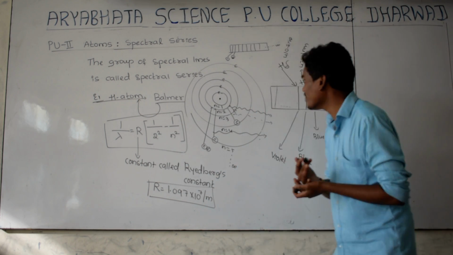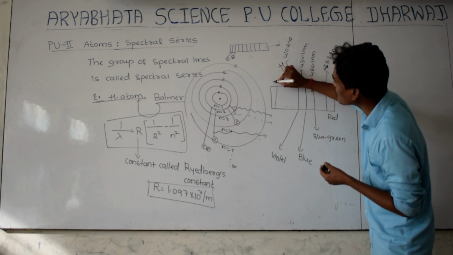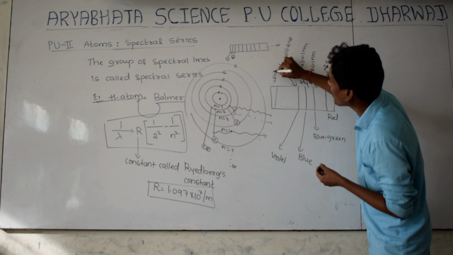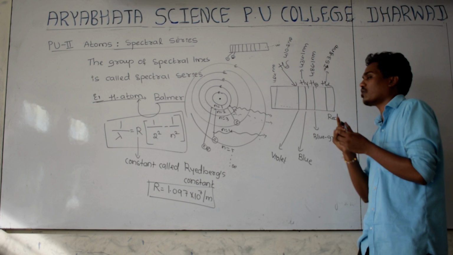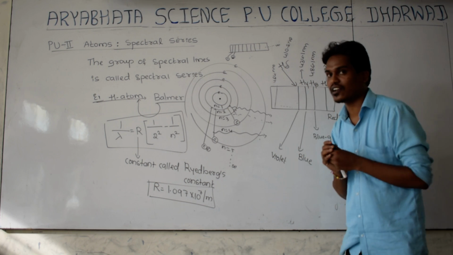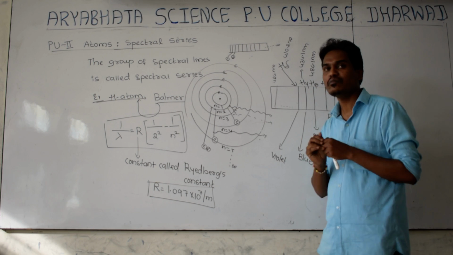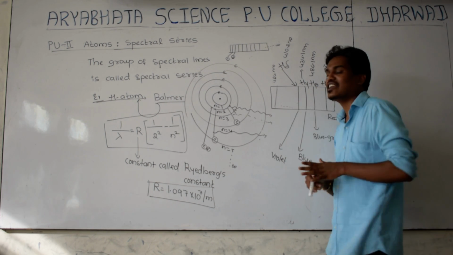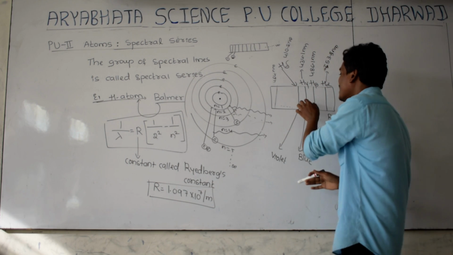He found out the energy value, that is, the wavelength value, getting around 464 nanometer, and he considered only 4 lines for the hydrogen atom. Whenever the spectrum is produced by the hydrogen atom on the screen, he considered only 4 spectral lines because these are very clear.